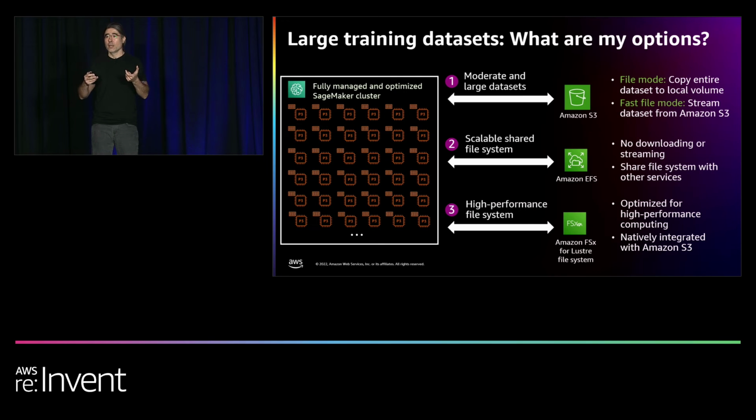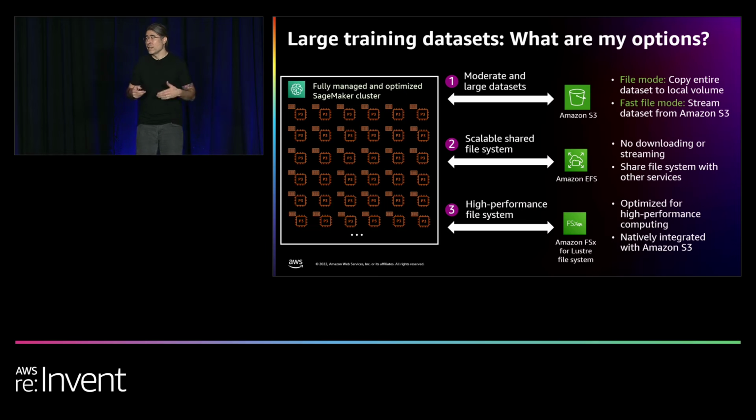You just point SageMaker to the endpoint of FSx for Lustre, and then it will mount to the instance, and you can read the data with maximum performance. And by the way, when you launch an UltraCluster with Trainium, this is the type of file system that you use, because it's necessary when you have a huge data set.